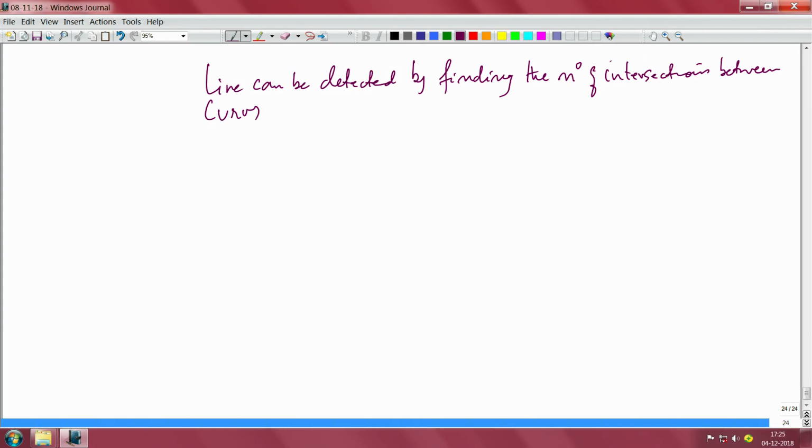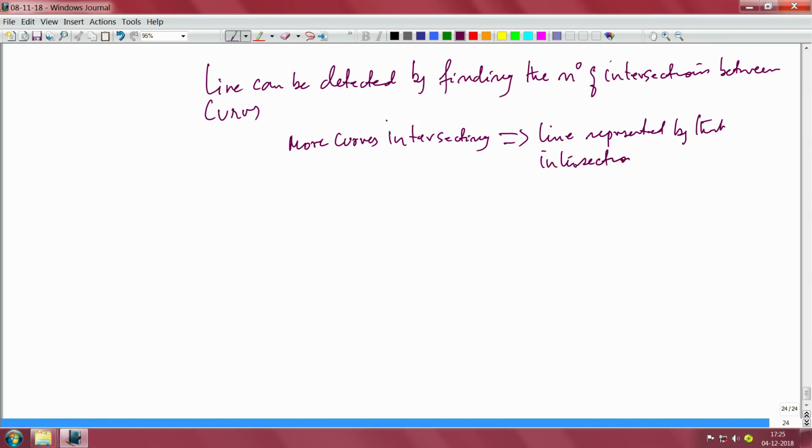So I will just put it here: more curves intersecting implies the line represented by that intersection has more points.